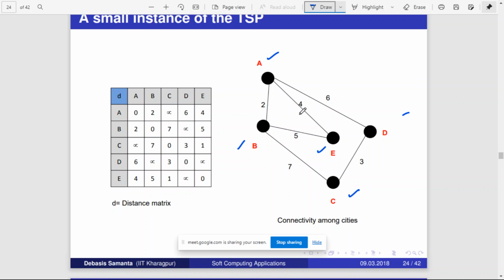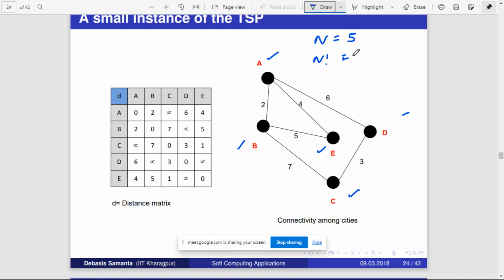The traveling salesman is supposed to visit how many cities? That is, n is equal to what? 5. So what are the possible solutions available? 5 factorial. Okay.